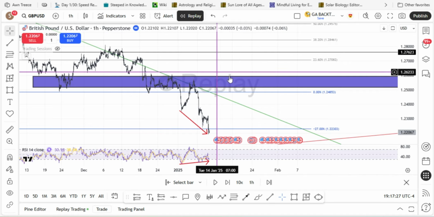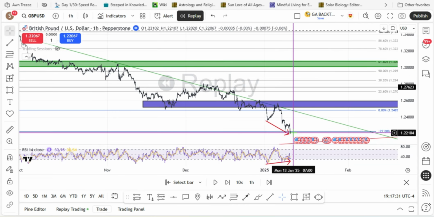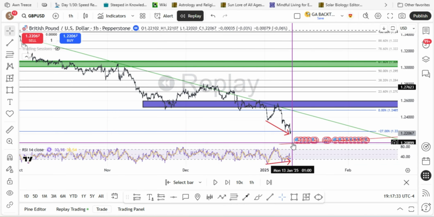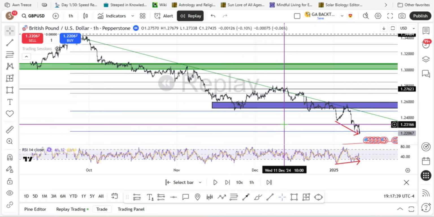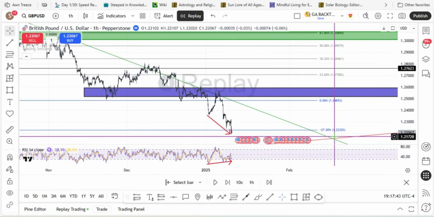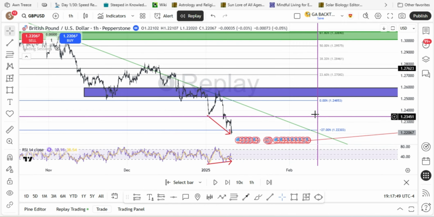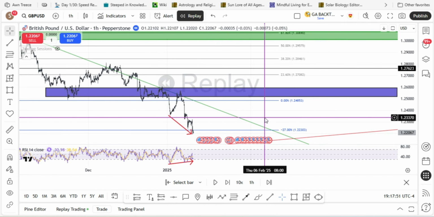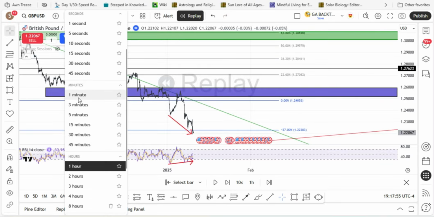So also looking on the 1 hour, we did complete our fib, but the daily trend line is right there. And we saw on the 4 hour, there is also a foundation level underneath there to be mindful of, just in case it does go down more.